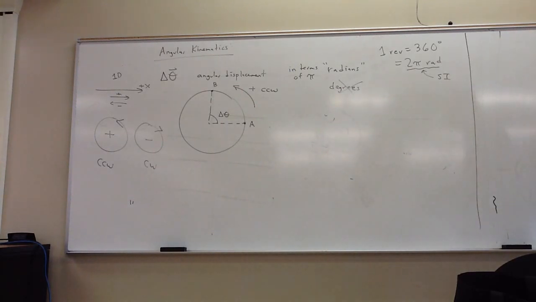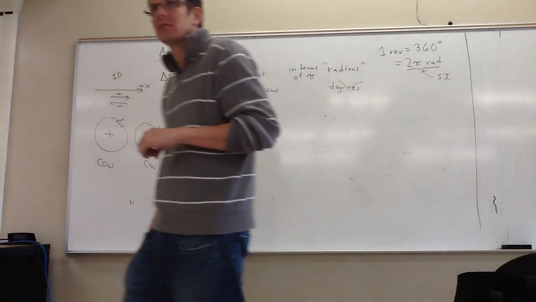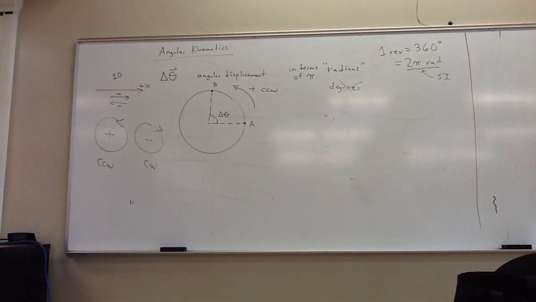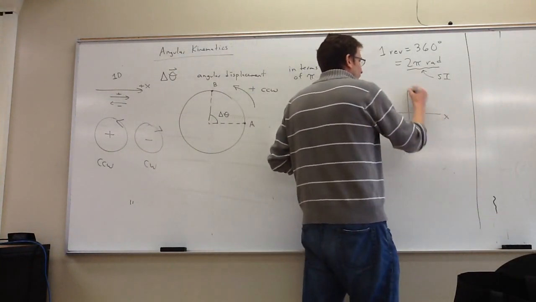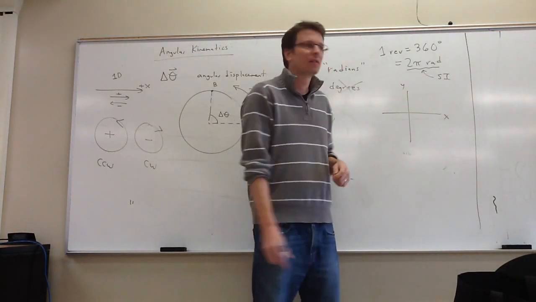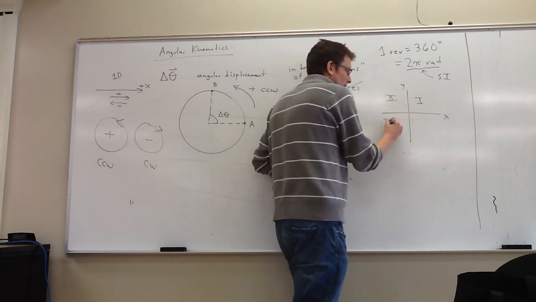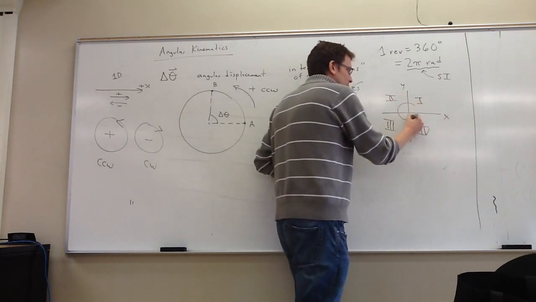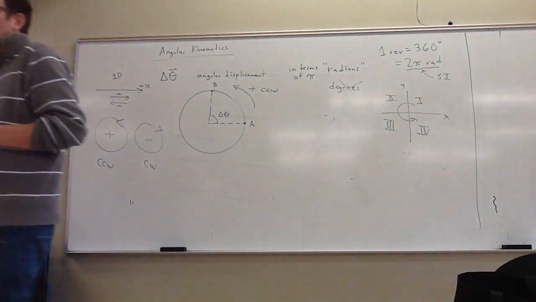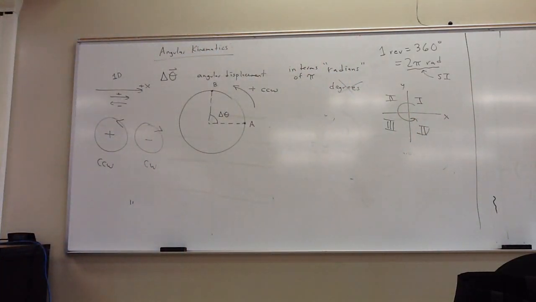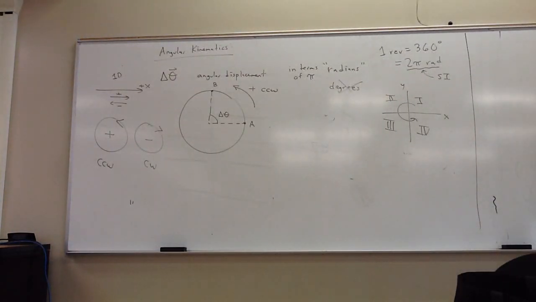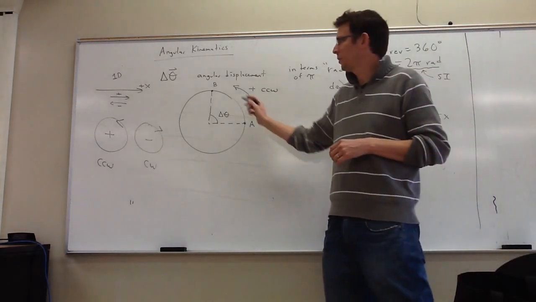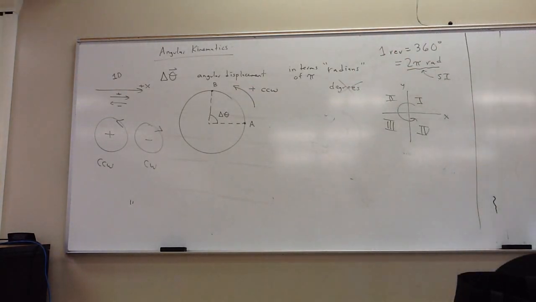Doesn't a clock move clockwise? Yes. So why do we pick that to be negative? Well, in math class you probably know that counterclockwise is more intuitive, right? So in math class, for instance, when you have an xy axis, how are the quadrants numbered? 1, 2, 3, 4, right? This way. So we take counterclockwise to be plus, we take clockwise to be minus. So for instance, in this case, since I said you go from A to B, this would be a positive angular displacement. Okay?